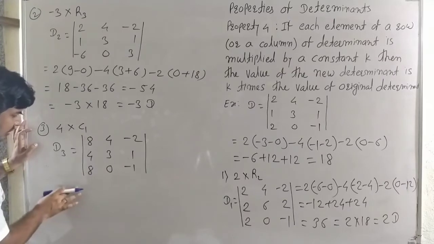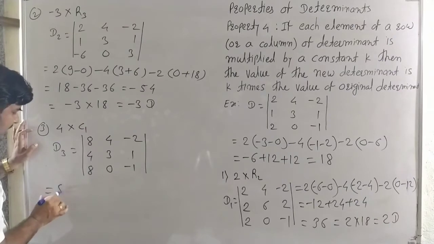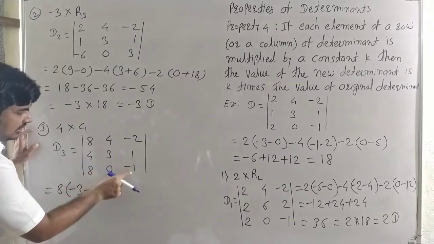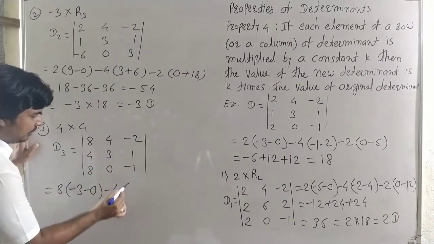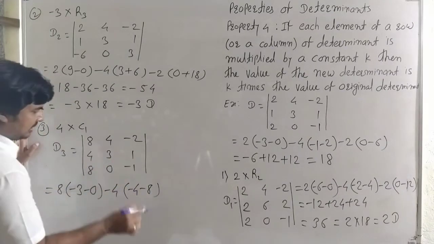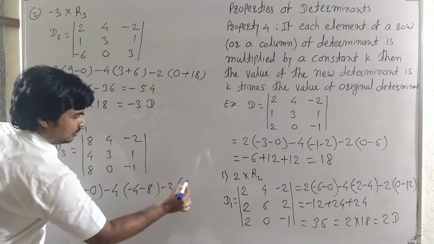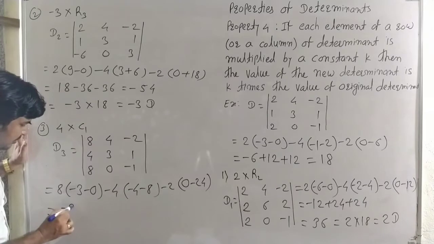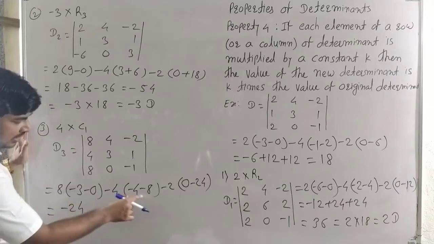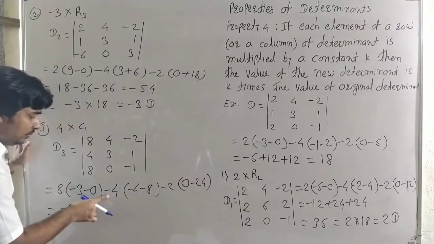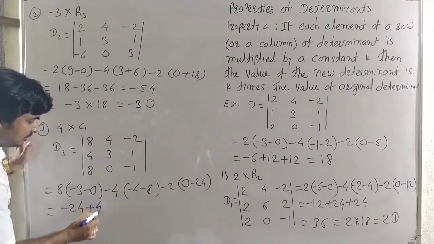Now, we can find the value of this. It is 8 into minus 3 minus 0, minus 4 into minus 4 minus 8, minus 2 into 0 minus 24. Here see carefully, minus 4 minus 8 is minus 12, and minus 12 into minus 4 is plus 48.